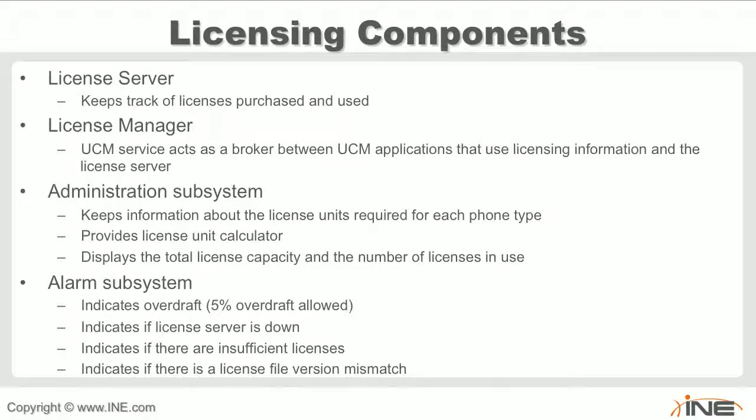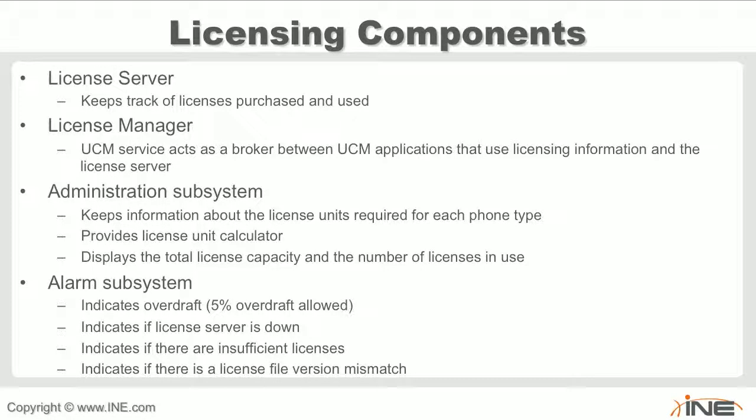Now, in order to not cripple large enterprises who are doing a lot of moves, adds, and changes on any given day, week, or month, what Cisco allows is actually a 5% overdraft. So if I have 10,000 DLUs, I'm actually going to be given 10,500.